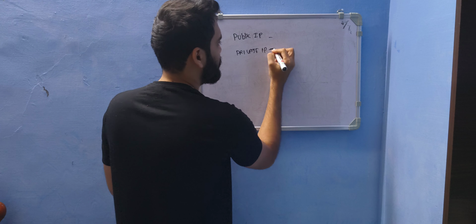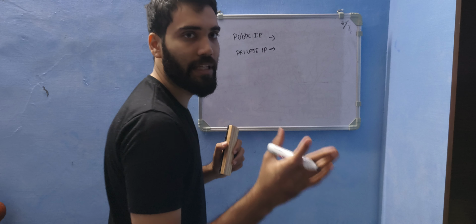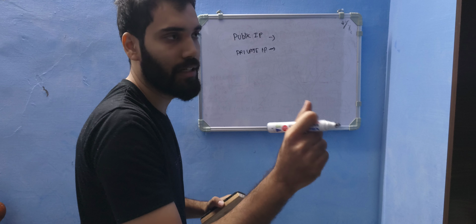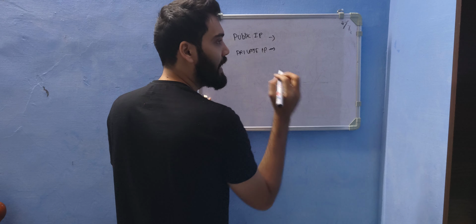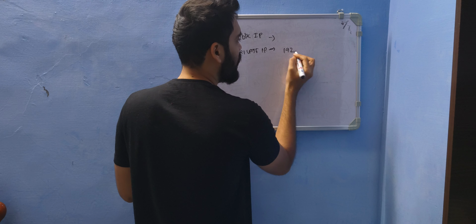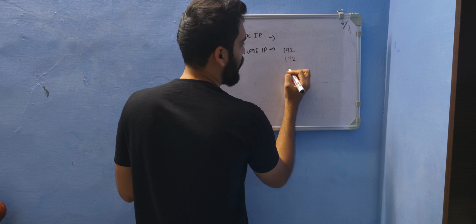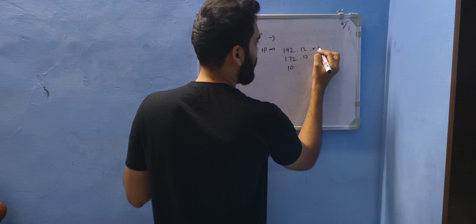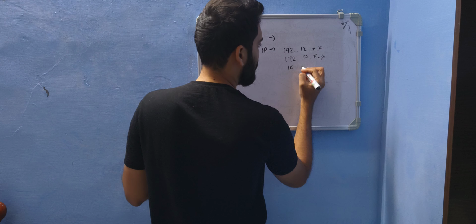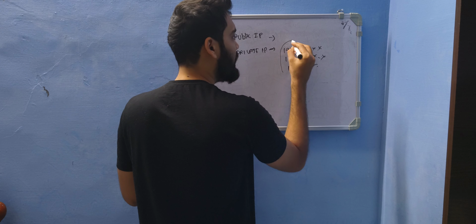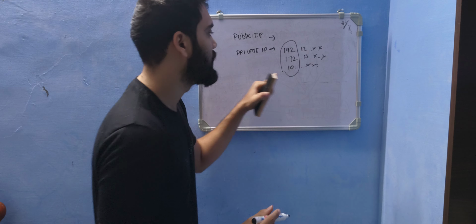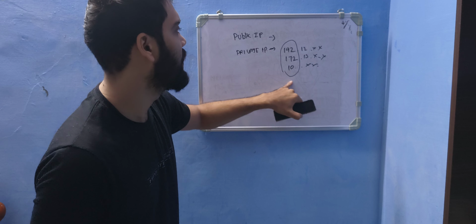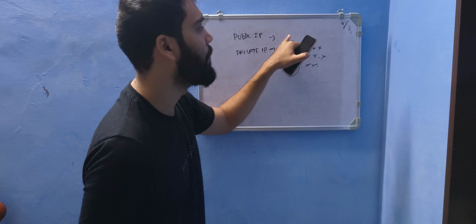How can we verify whether an IP is public or private? We have some standard numbers: any address that starts with 192, 172 or 10 is called a private IP. Apart from these three, whatever we get is called a public IP.